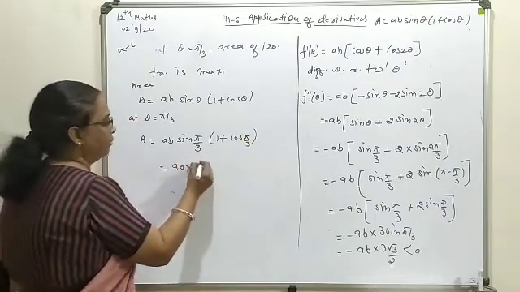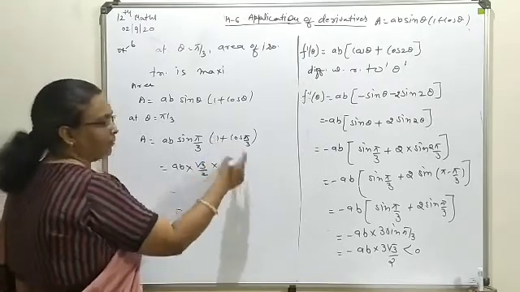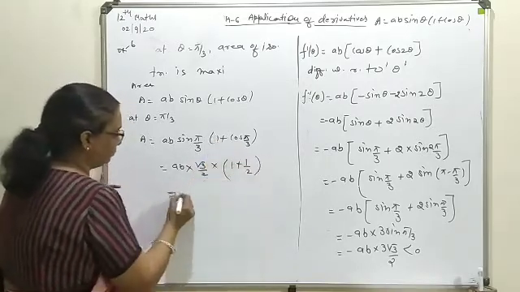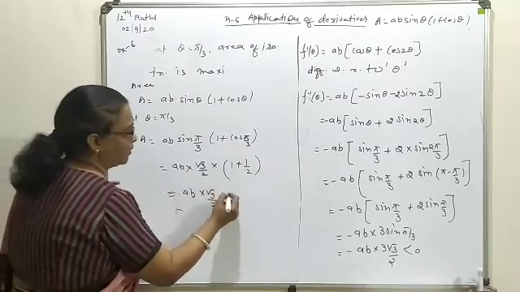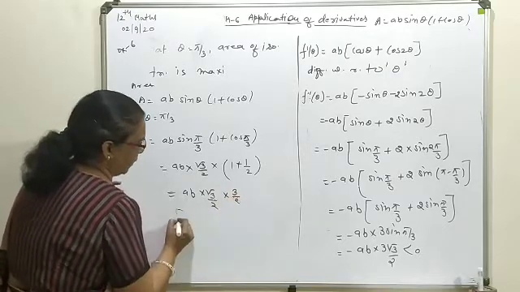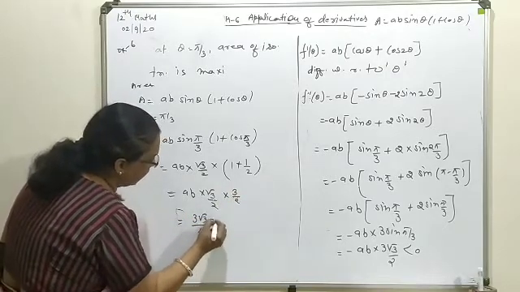Sin pi by 3 is root 3 by 2. Cos pi by 3 means 1 by 2. Go for taking LCM, so this will give you 3 by 2. So finally, it will give you 3 root 3 upon 4 AB.